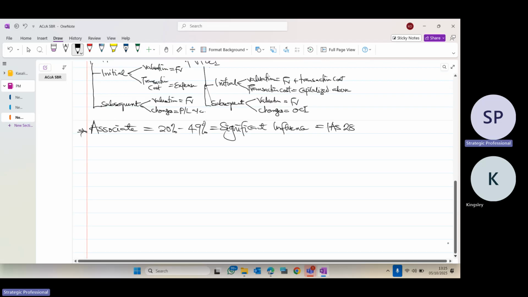Before we move on from investment in associate, let's quickly look at other situations where significant influence actually exists.